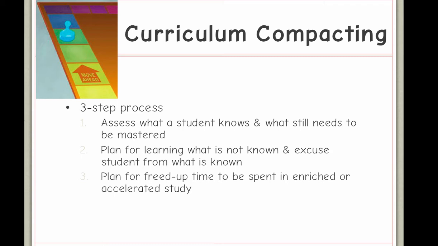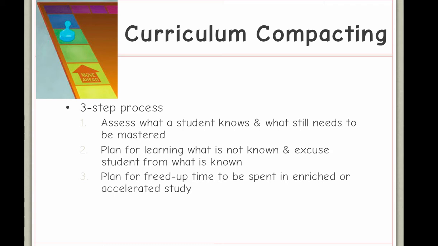Now, let's say you're about to teach multiplication and you've got a student in class who is a fantastic multiplier. Not only can the student multiply 3 digits or 4 digits, but can do it fast and in his head.